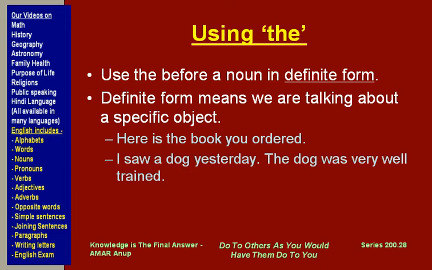So we use the indefinite form of article, which is a. So I saw a dog yesterday, but in the second sentence with the dog I have used the, because now both of us know that we are talking about that dog that I saw yesterday. So we use the dog was very well trained.